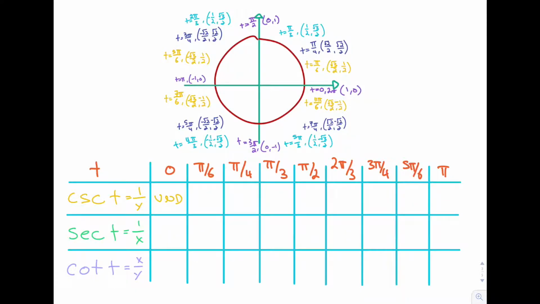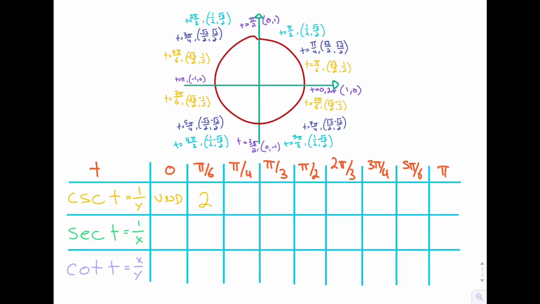Moving along the counterclockwise direction of the unit circle, cosecant of pi over 6, we grab 1 over 1/2. So that'll give us just 2. So we're starting up at infinity, and we're getting less big as we go along the outer edge of the unit circle. Cosecant of pi over 4, that's 1 over root 2 over 2.